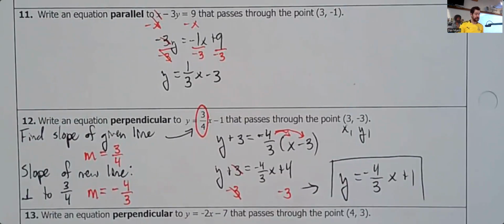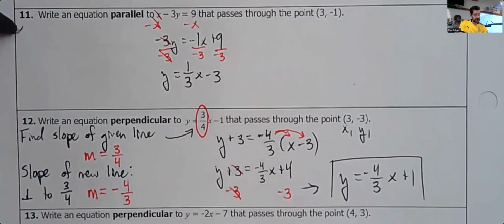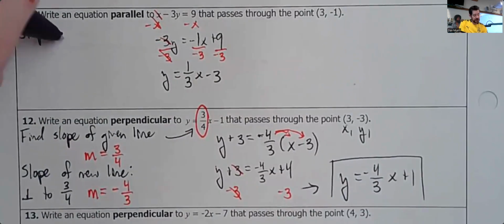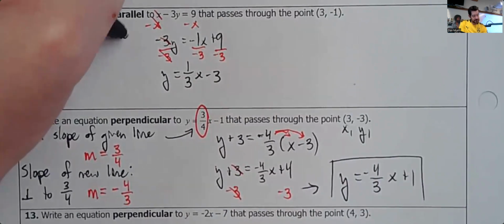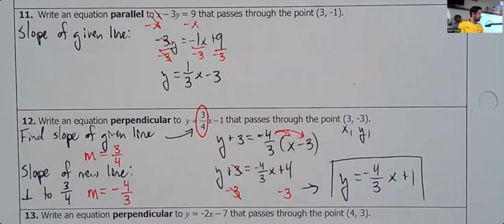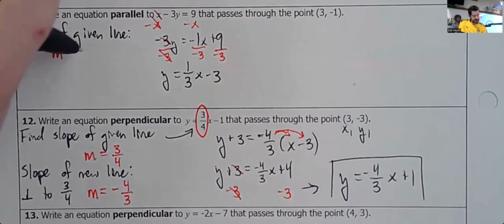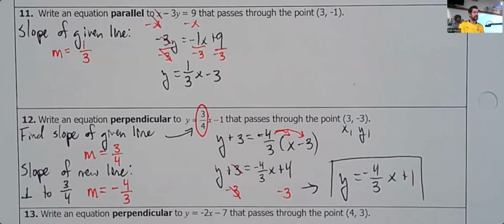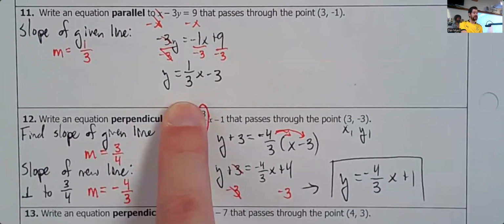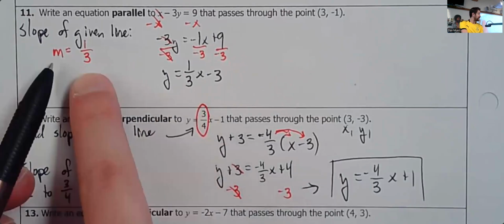Okay, so the slope of the given line is m equals 1/3. The slope of the given line is 1/3 because we now have it in slope intercept form. So the given line has a slope of 1/3.